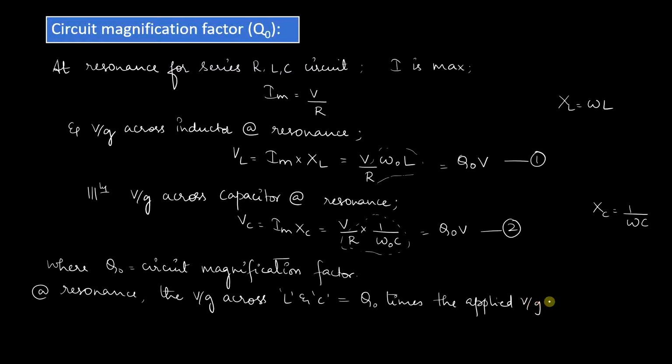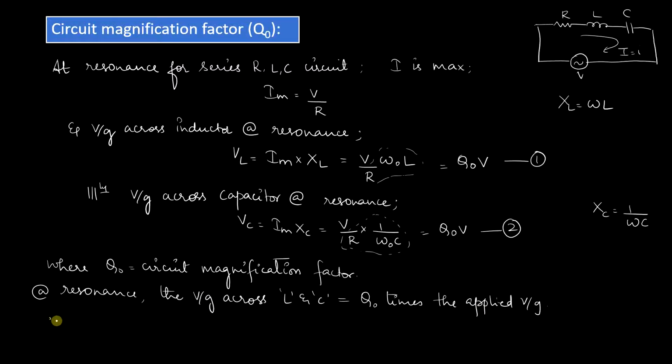That is because if you look at the series RLC circuit, we represent the applied voltage as V, and you have obtained the expression as Q naught into V. So across the inductor and the capacitor, from equation 1 and 2, it is equivalent to Q naught times the applied voltage.